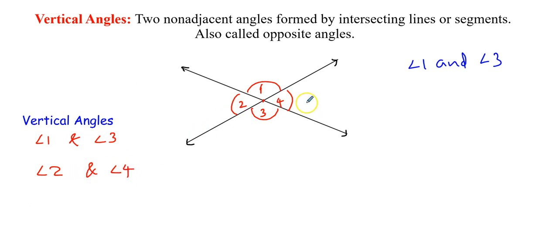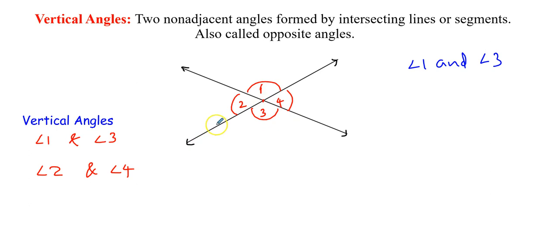Angle 2 and angle 4, they are the other pair of vertical angles. So, whenever two lines intersect, you will get 2 pairs of vertical angles. Alright, like here 1 and 3 are vertical angles, 2 and 4 are the vertical angles.